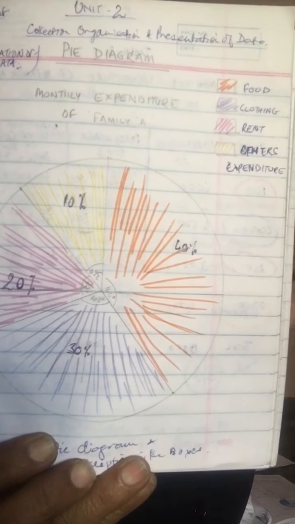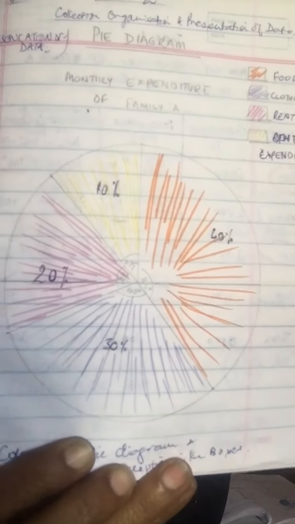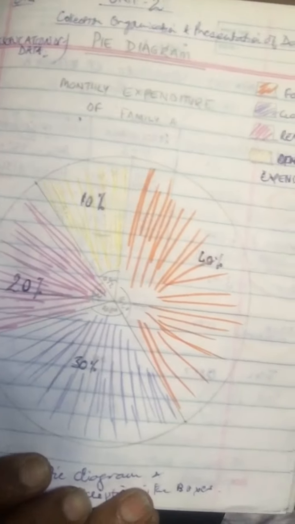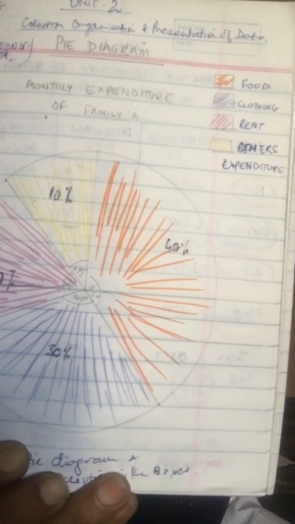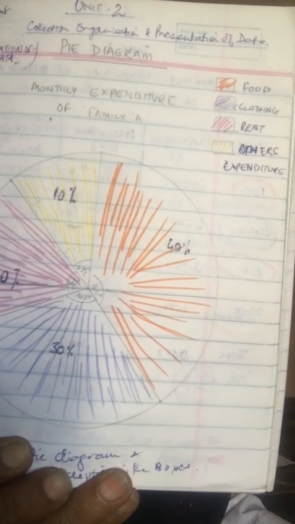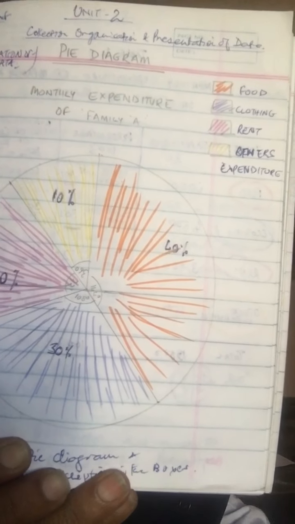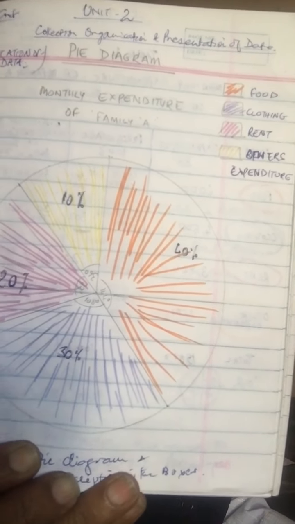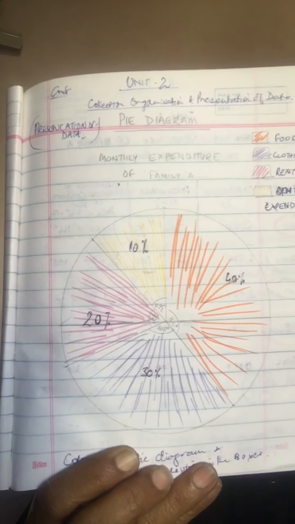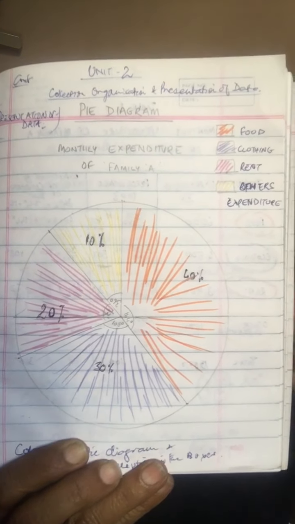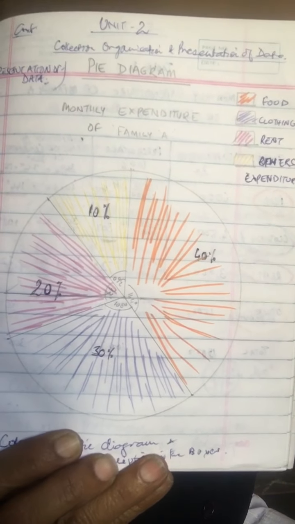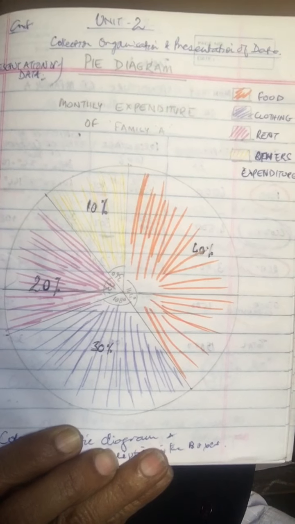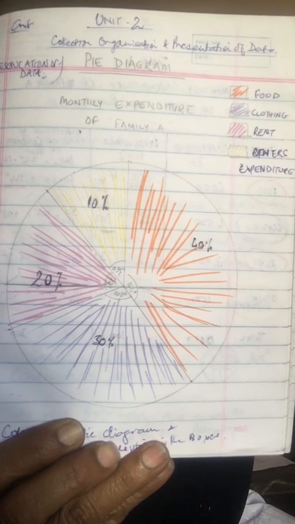And in the pie diagram, each component is differentiated from one another by using different colors or shades, and an explanatory label, as you see, is shown on the top. Like you can see which color represents food, which color represents clothing, rent and others.